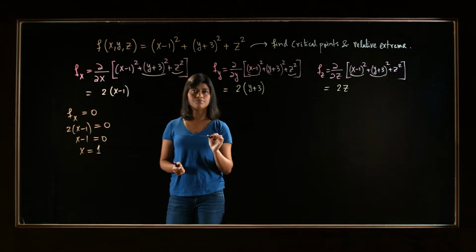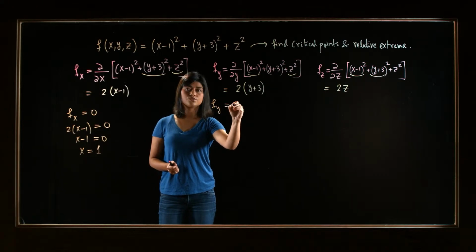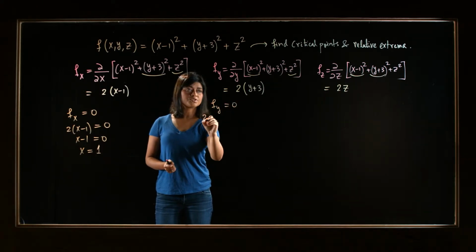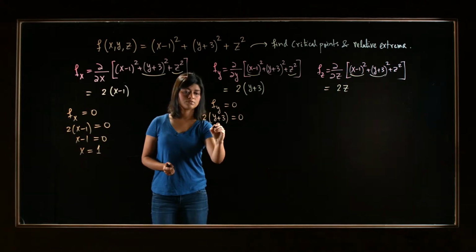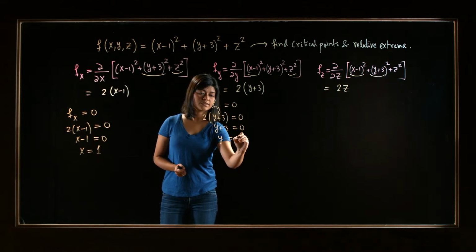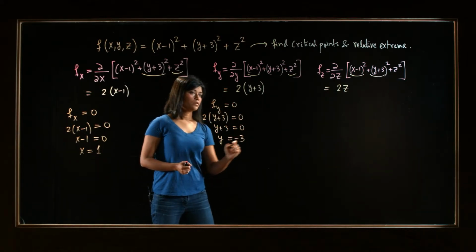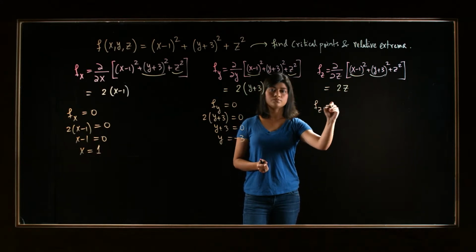Okay, let's go back to fy now. To do the same thing here, fy is 0, which means 2 times (y plus 3) is 0. So y plus 3 is 0, and therefore y is negative 3. Finally, we want fz to be 0.